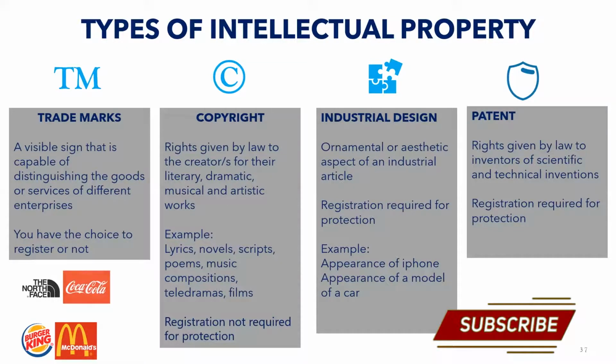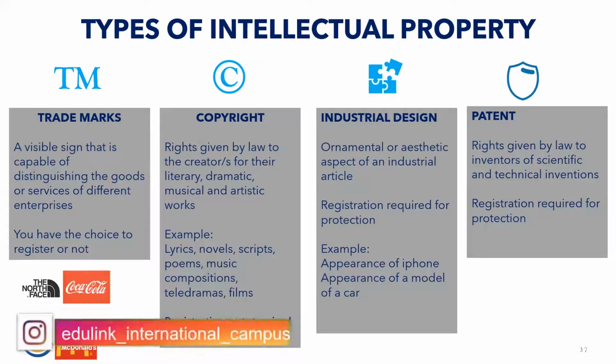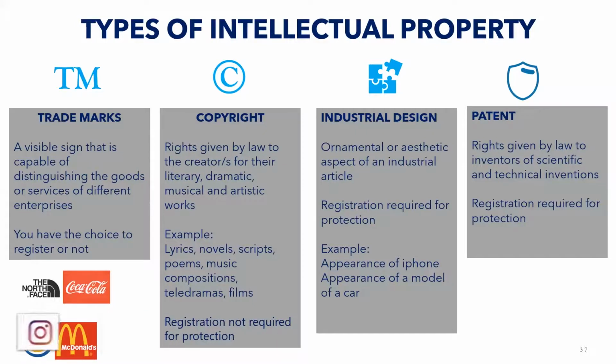What we mean by industrial article is really any article which has some kind of purpose or utility value. And we are just talking about the appearance, not really about the blueprint or anything about how a particular product is made. That is actually governed under patents, right?